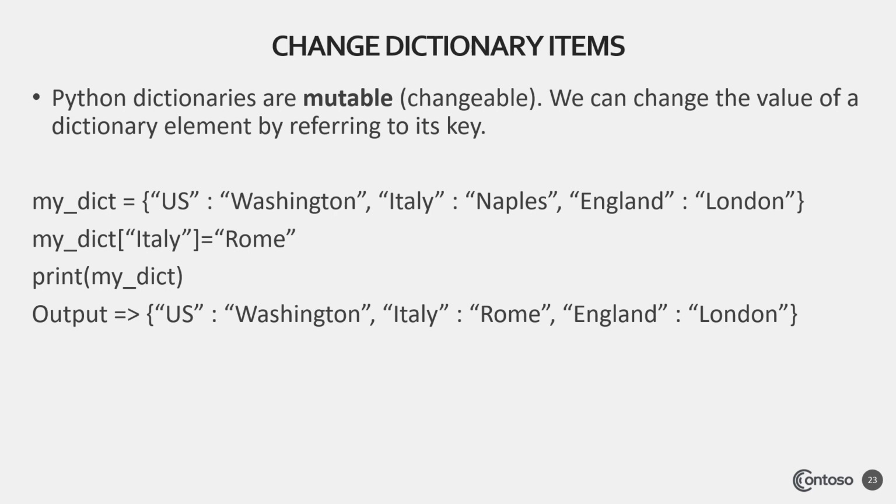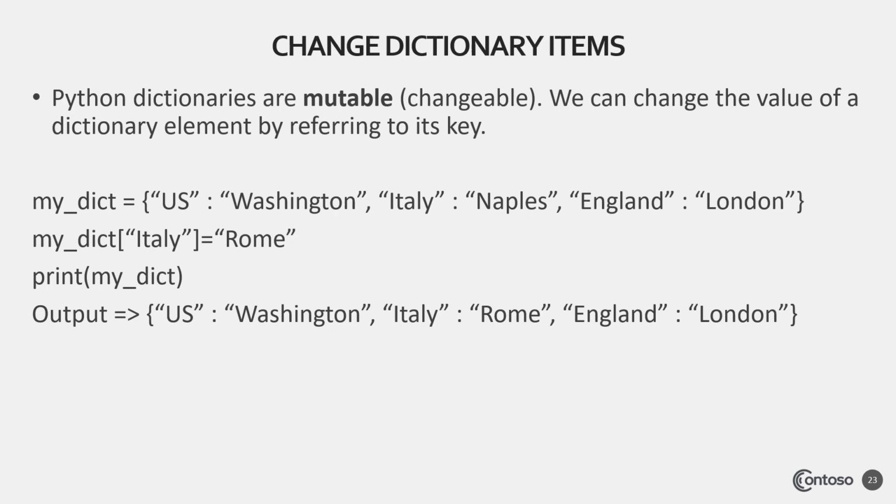To change dictionary items: Python dictionaries are mutable and we can change the value of a dictionary element by referring to its key. In this example, my dict has US Washington, Italy Naples, England London. We want to change Italy colon Naples to Italy colon Rome. So we use my dict square brackets Italy equal to the value we want.